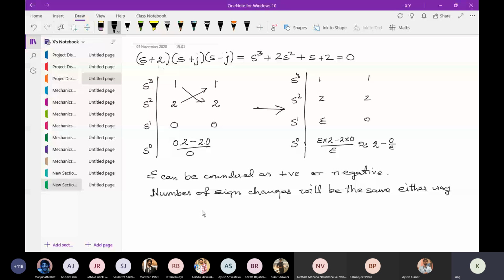So our first column becomes 1, 2, epsilon, 2.